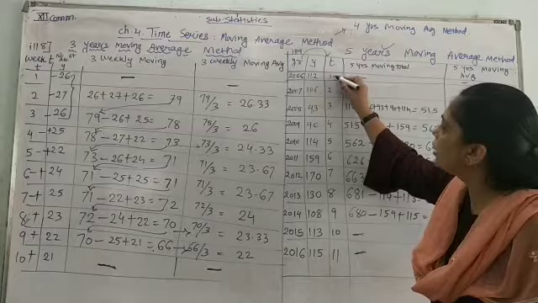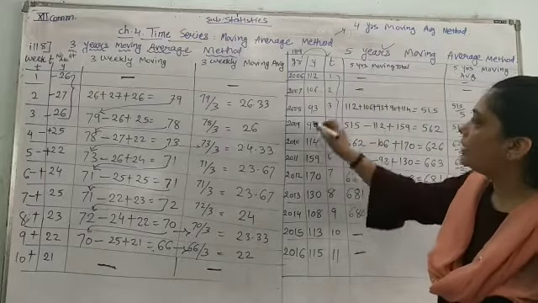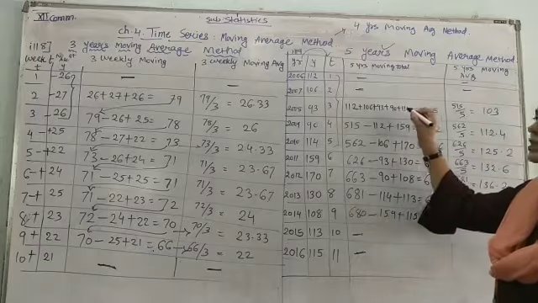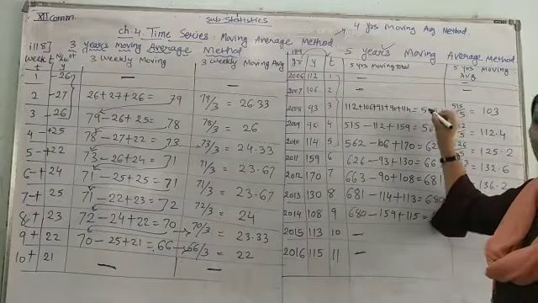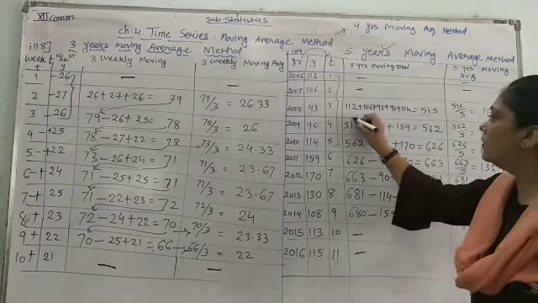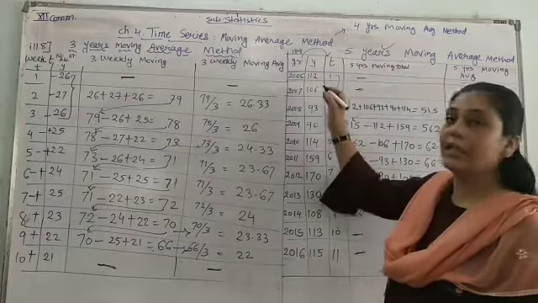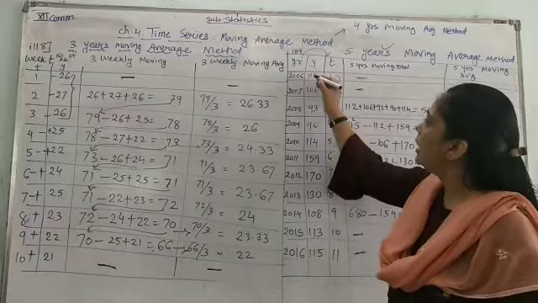So 1 2 3 4 5. The 5 numbers of 5 years, I am going to do the summation of it. Answer will be 550.